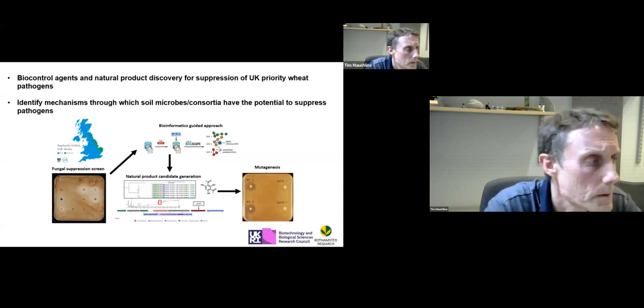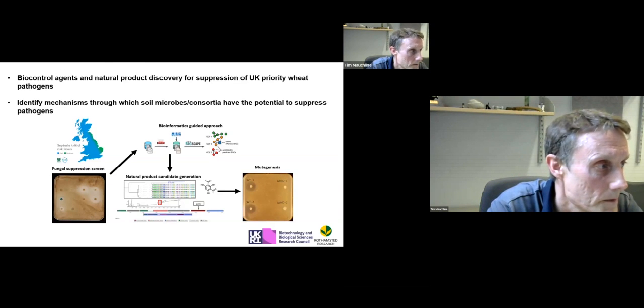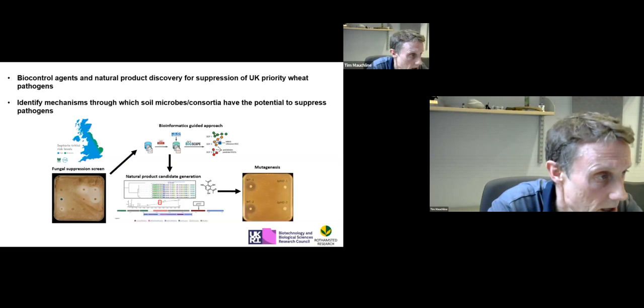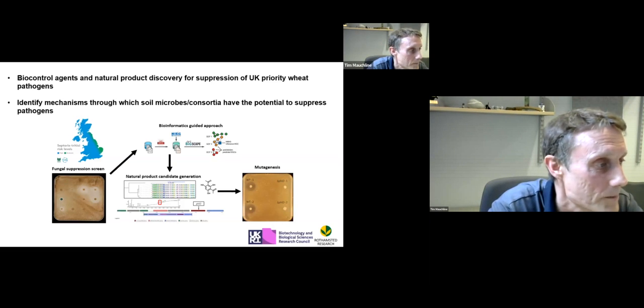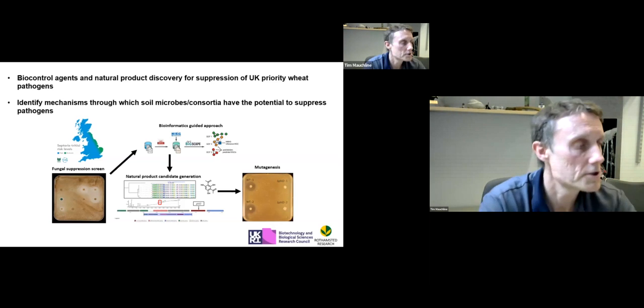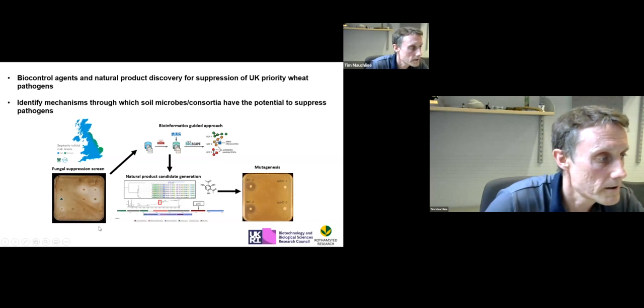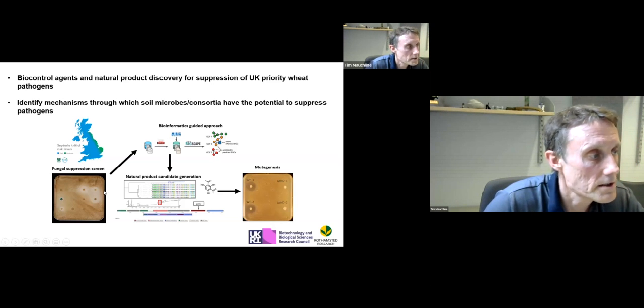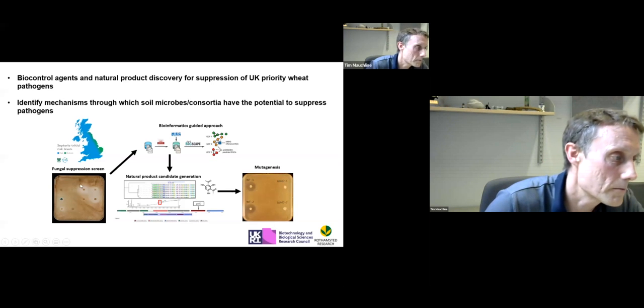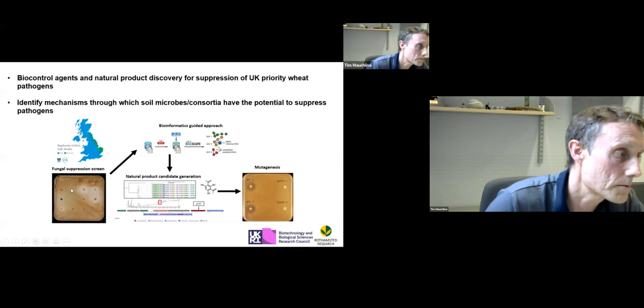So what we've been developing at Rothamsted is a natural product and biocontrol agent discovery platform for the suppression of this pathogen. And the way we've gone about doing this is we've developed a suppression screen here, where we are able to culture the fungus in its yeast-like growth form, and then we challenge the fungus with bacterial cultures.